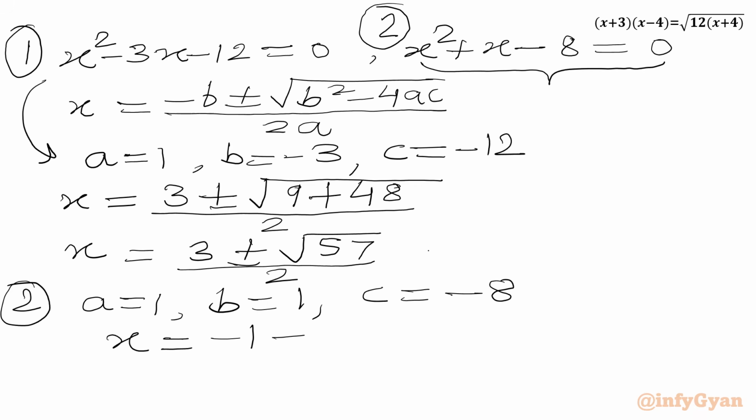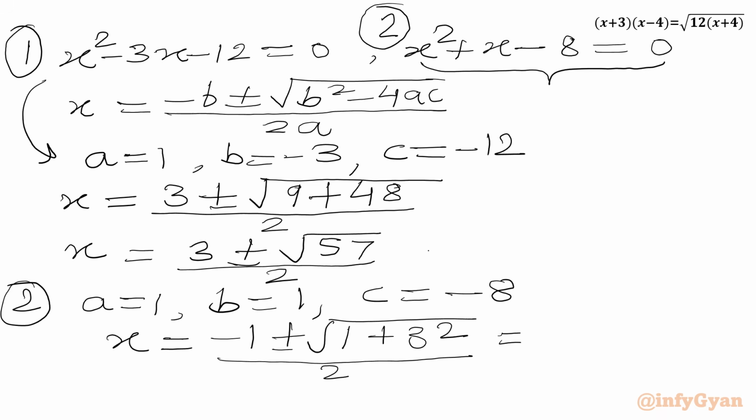So minus 1 plus minus square root of b square will be 1 square, 1, minus 4 times 1 times minus 8 plus 32, over 2 times 1, so 2. So from here we'll be getting minus 1 plus minus square root of 33 over 2.